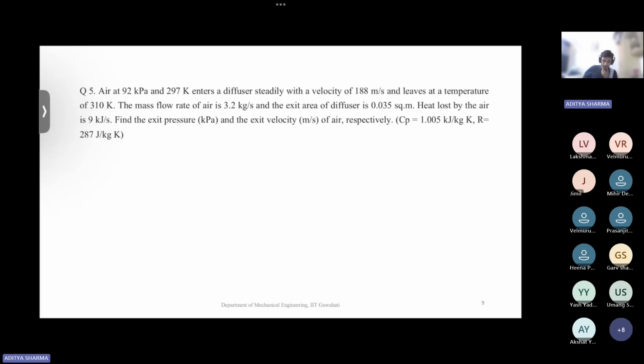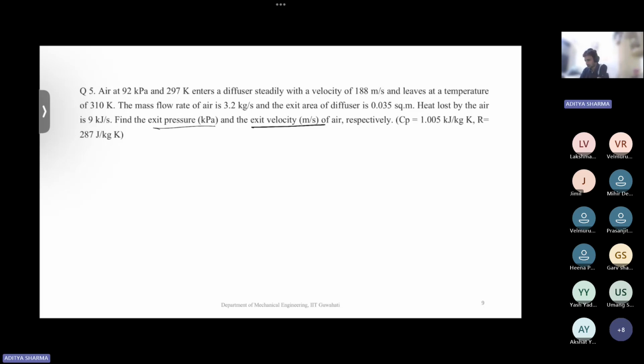Okay, the exit area of the diffuser is given this, and the heat loss by the air is this. Then find the exit pressure and exit velocity. So these two things we have to find out: exit pressure and exit velocity.